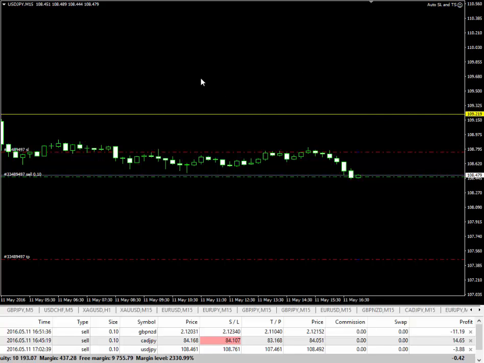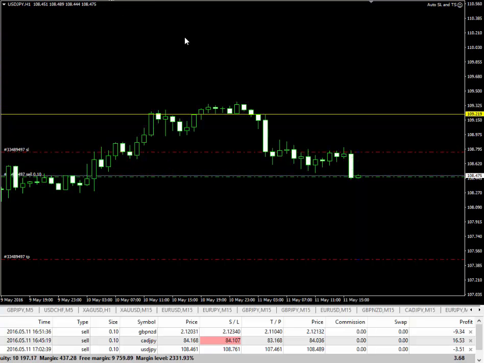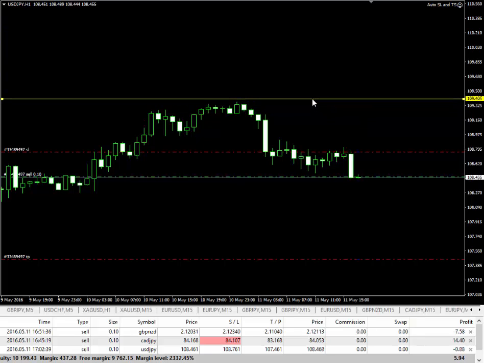Now let's see, if you turn it into 1 hour, this is the last high. If you want the brokers not to go after your stop hunting, then I think the stop loss should be much higher than the last high.